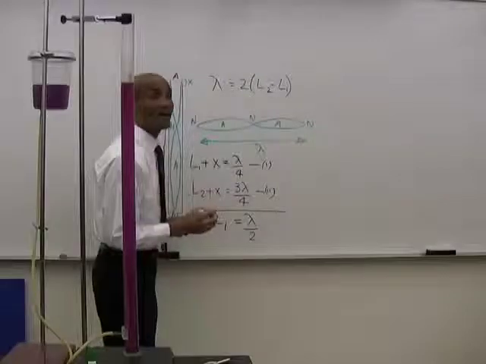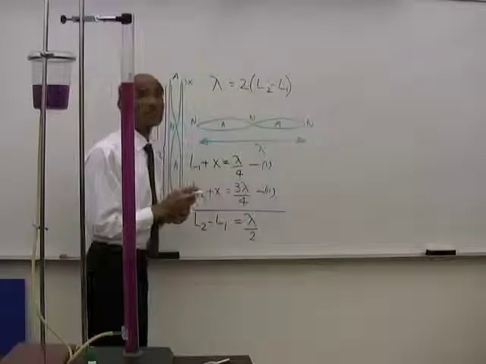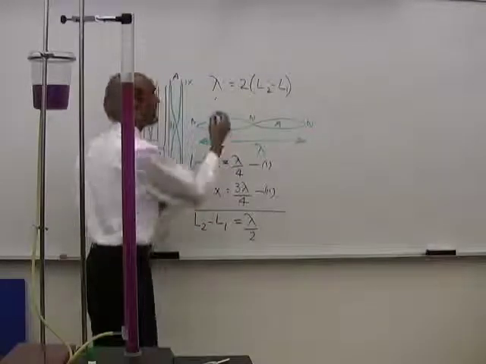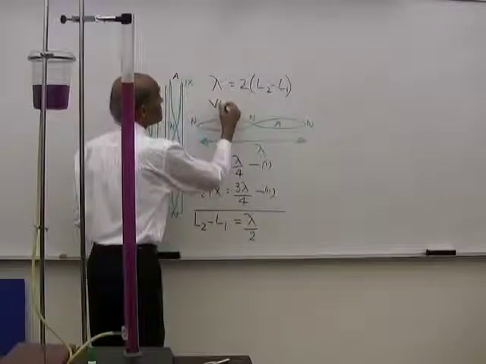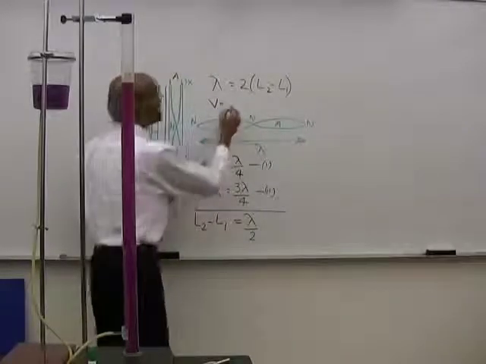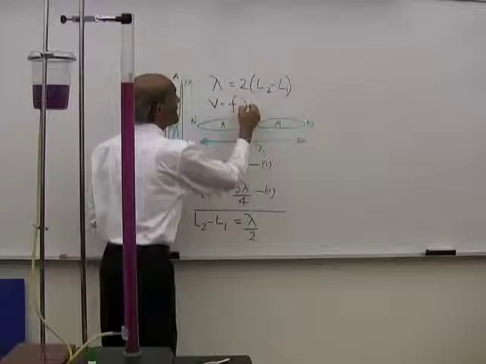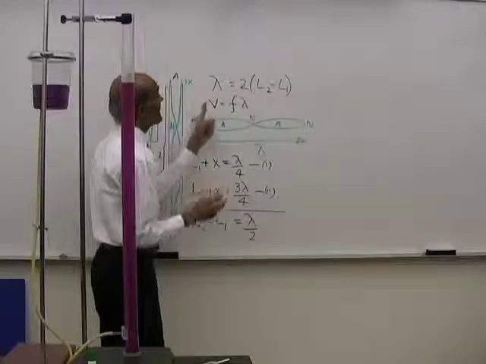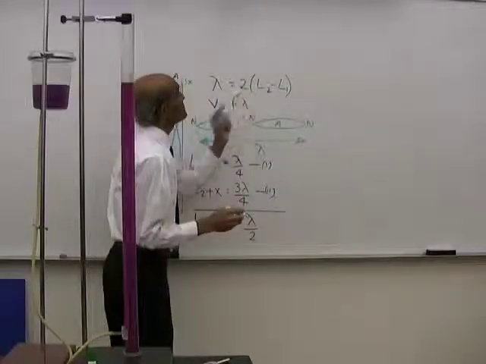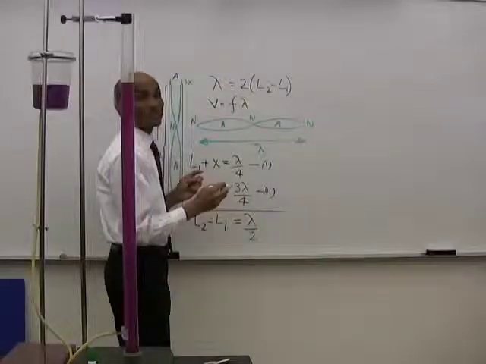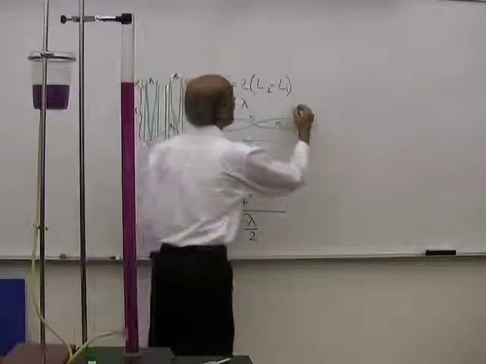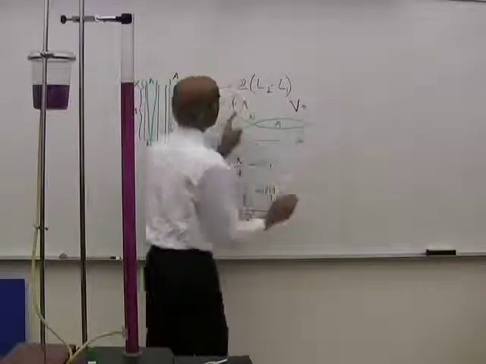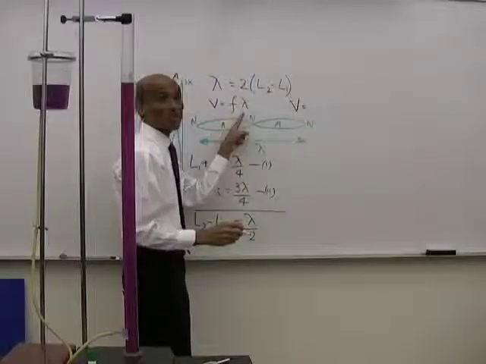And we are using this experiment to measure the speed of sound in air. If V is the speed of sound, we have V equal to F lambda. Now, lambda is 2 times L2 minus L1. Therefore, I can write V equal to F times lambda.